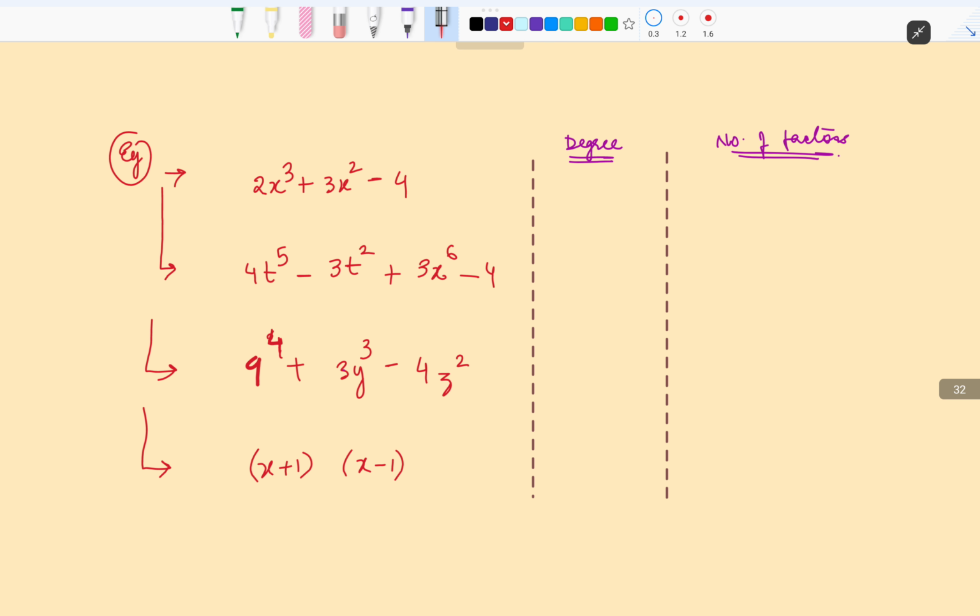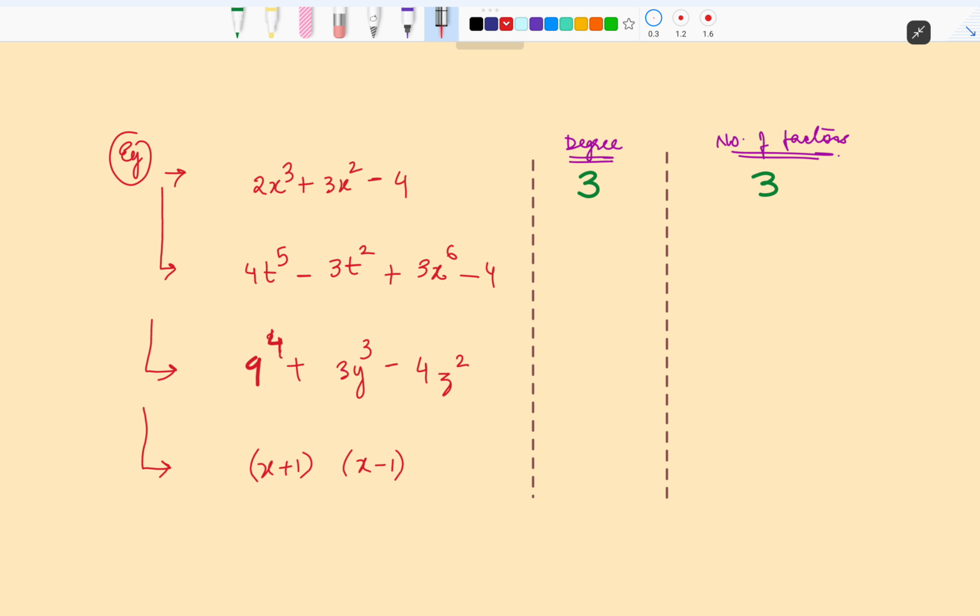Now let's try to ascertain the degree of a few polynomials which are given in the example. Ab dekho, the first one, it's very clear, the degree of this polynomial is x cube, this 3. If the degree is 3, it's going to have 3 factors. Now look at the next polynomial. Yahan pe the variables are t and x, so it's a polynomial in 2 variables.